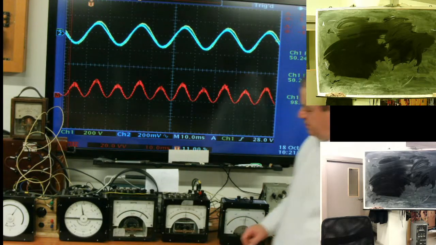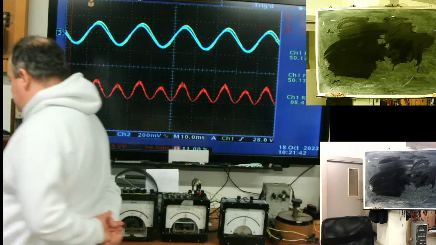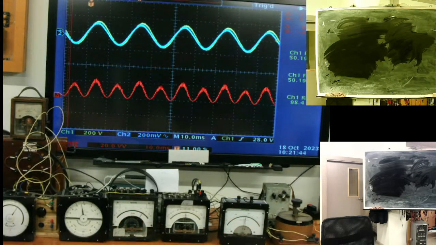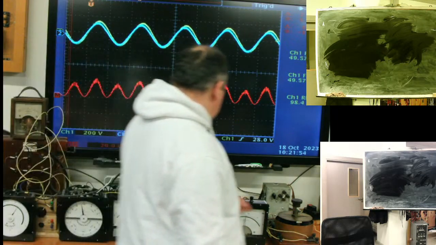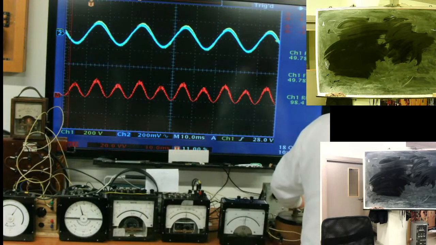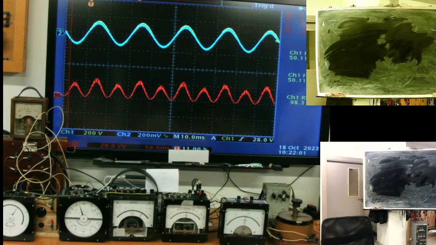I think this is okay. So, what's the angle between voltage and current? Maybe 90, above 90, or 100 or 110 or below. The angle between blue and yellow line. Yellow is voltage, blue current. So what's the angle?